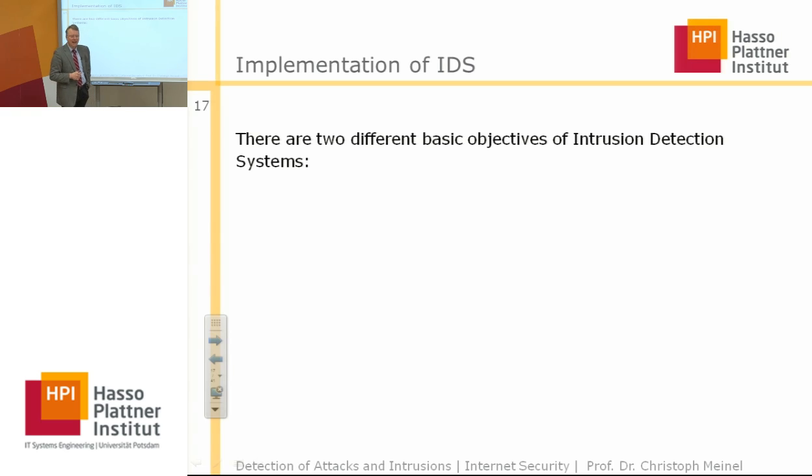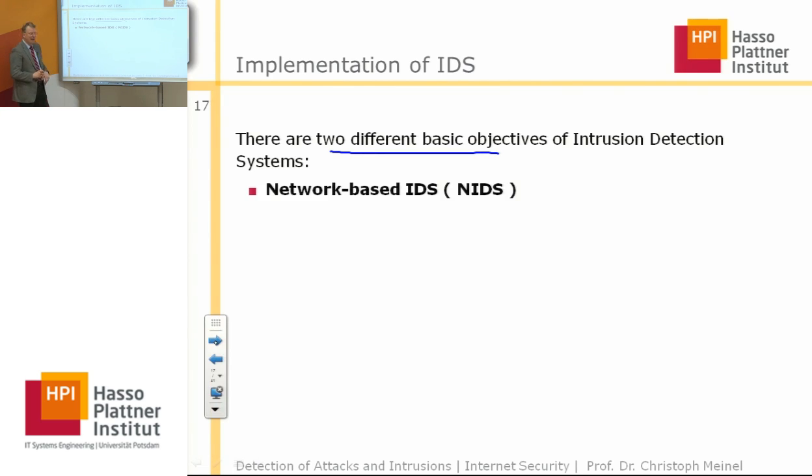Now let's have a look at how such intrusion detection systems are implemented or can be implemented. Here we can see two different basic objectives for such intrusion detection systems. The one is to detect attacks and intrusions in a network. Systems that are designed to detect intrusions and attacks inside networks are the so-called network-based intrusion detection systems, the NIDSs.